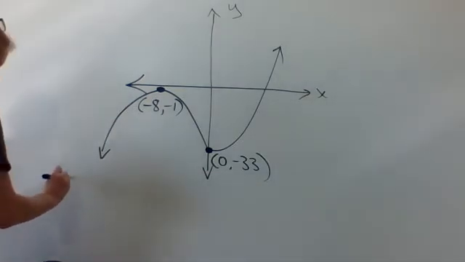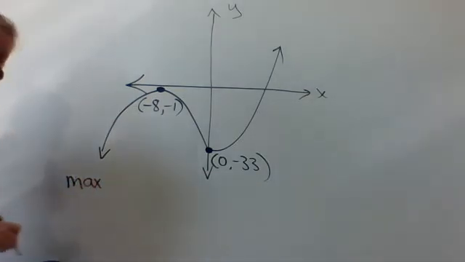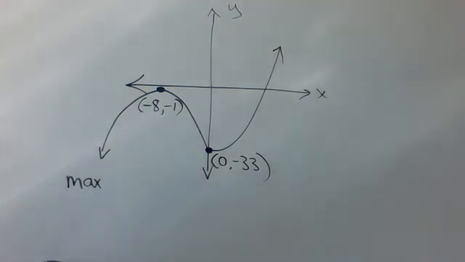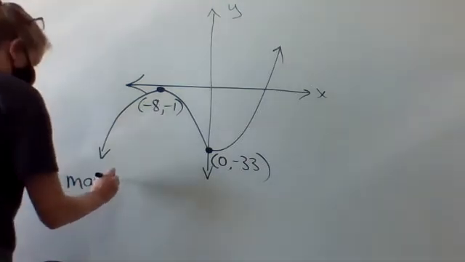So my maximum, now remember, it's going to say the maximum is blank, that first blank is talking about its value, because then the next blank says at x equals blank.